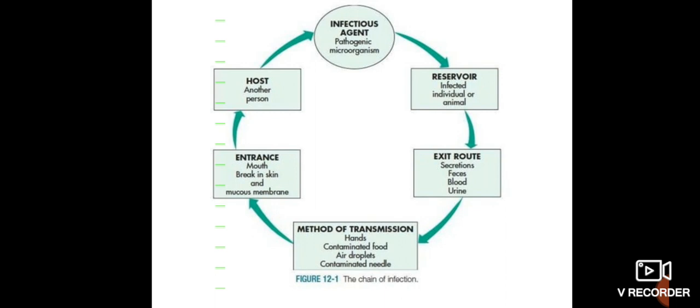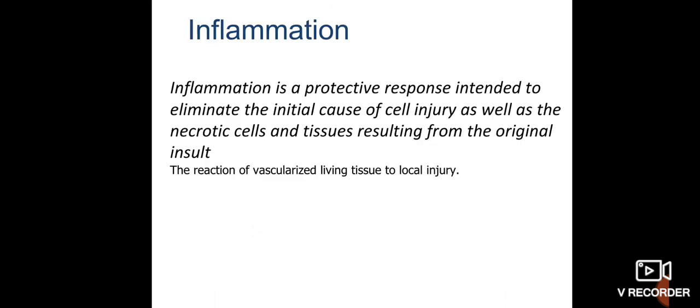Okay, then after they come out from the body, they again look for areas for entry into another host, and finally if they find one, they enter the next body to continue their life cycle. Okay, so that is the cycle of asepsis.